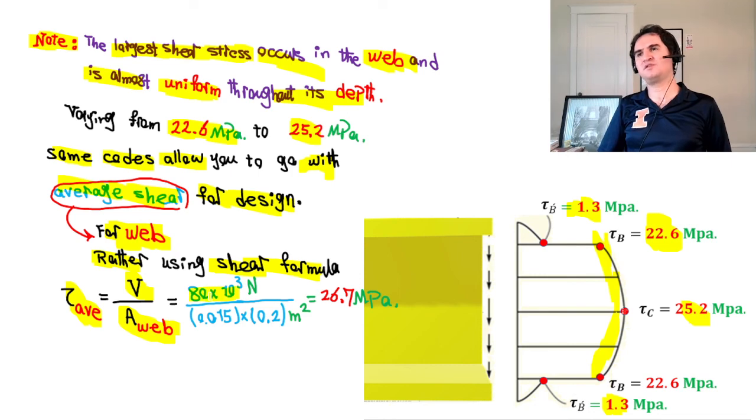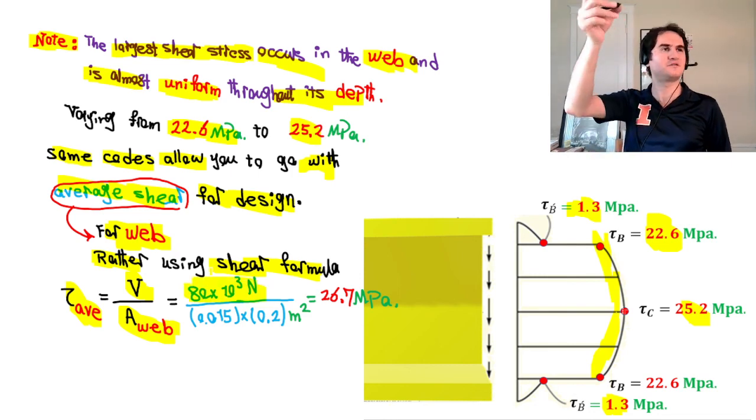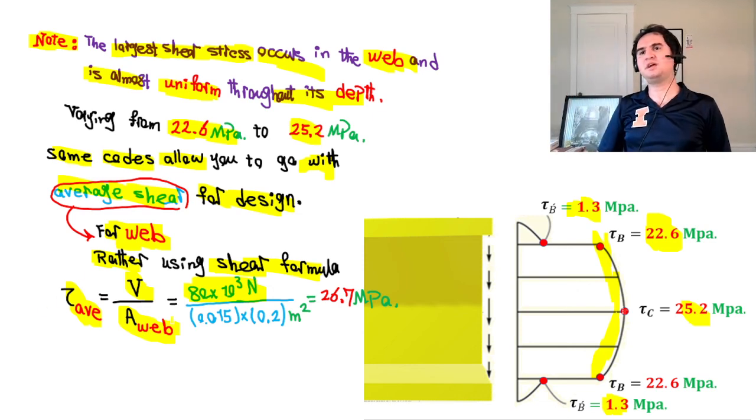Just simply divide your shear, which is 80 kilonewton, over the area of web, which is 15 millimeters times 200 millimeters, in consistent units of meters. So that gives you 26.7 megapascal.